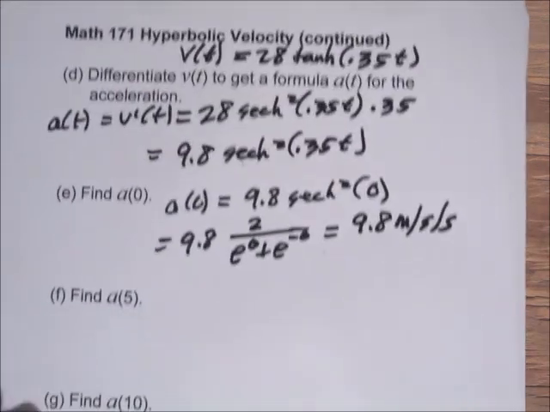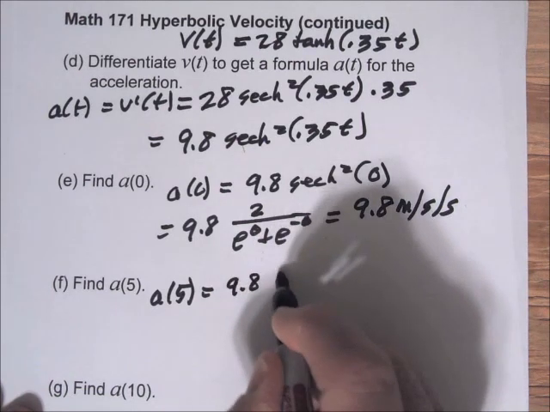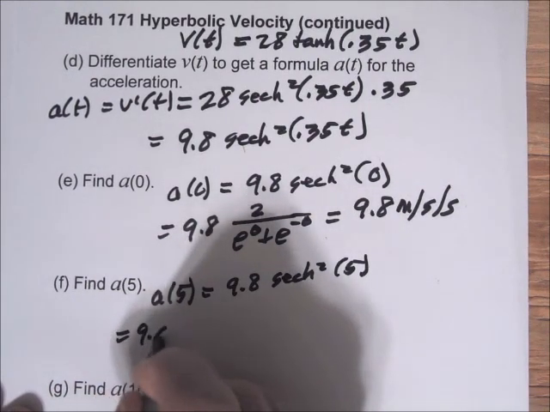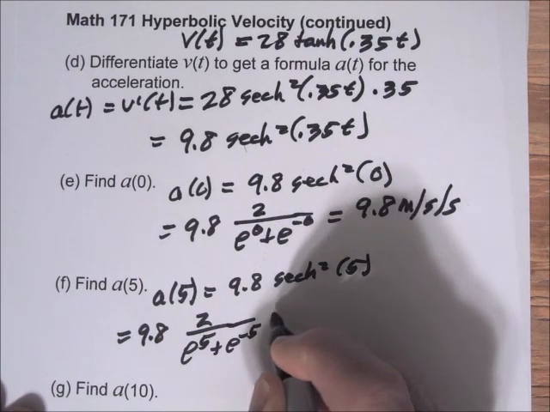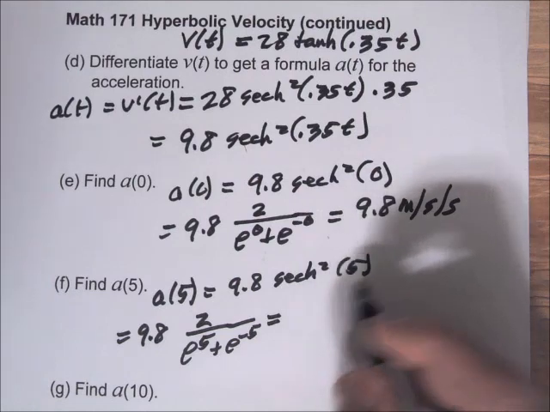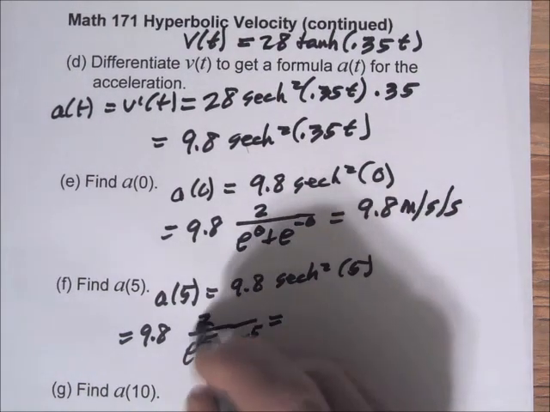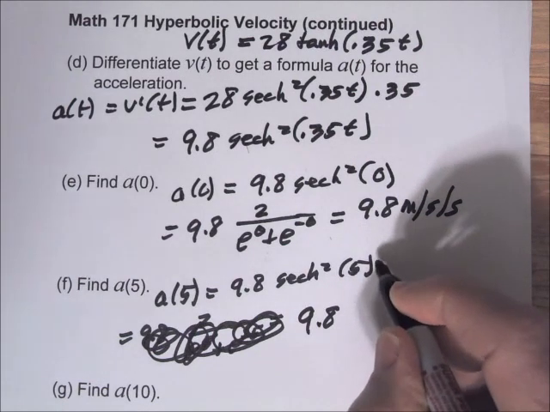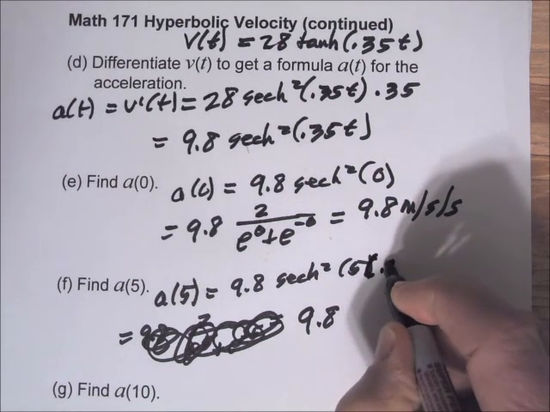Okay. Acceleration at time 5, a of 5, is 9.8 sech squared of 5 times 0.35.